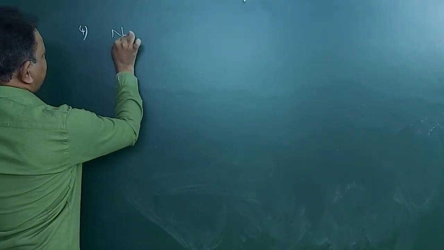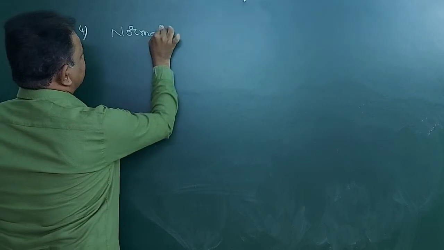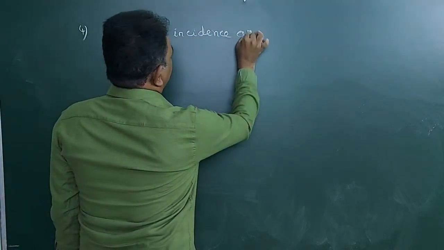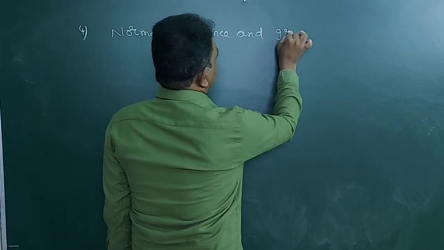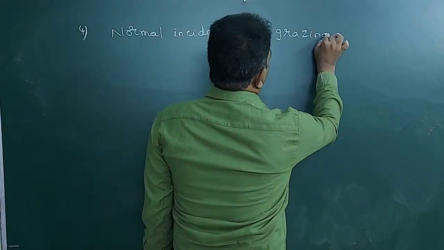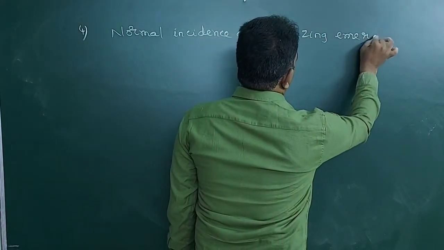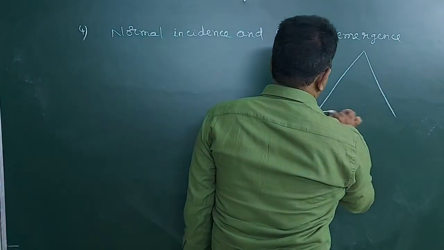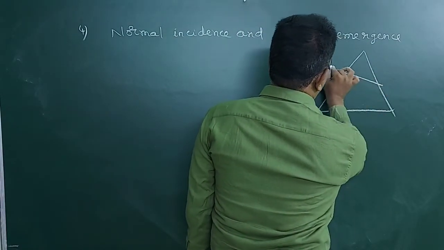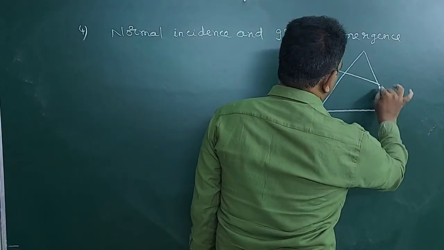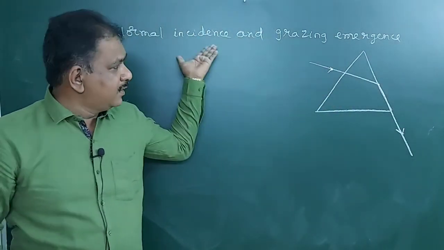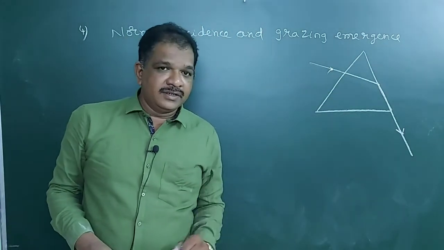See. Normal incidence and grazing emergence means the prism is like this. The light ray is incident like this and it came out like this. This will be normal incidence, grazing emergence.